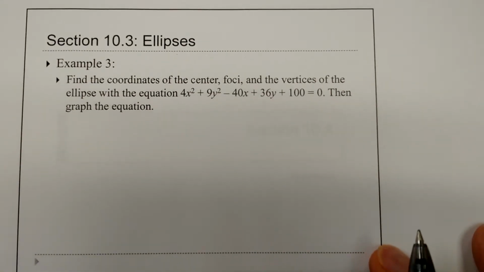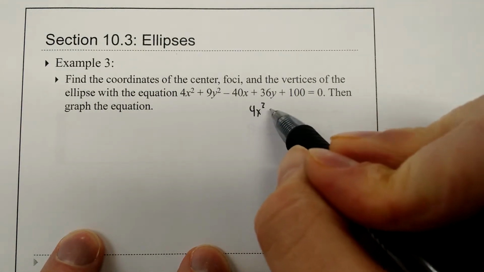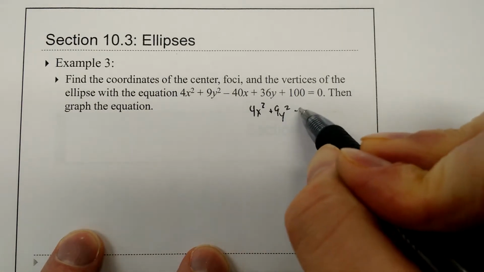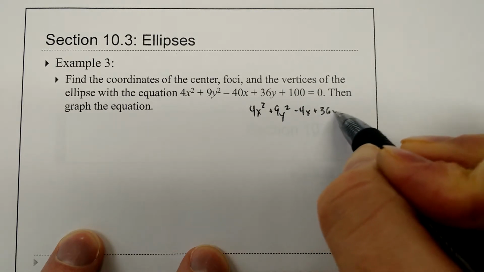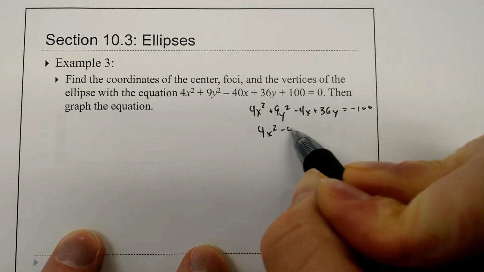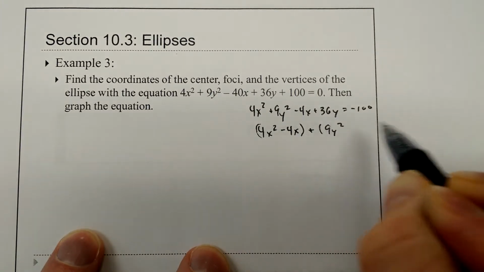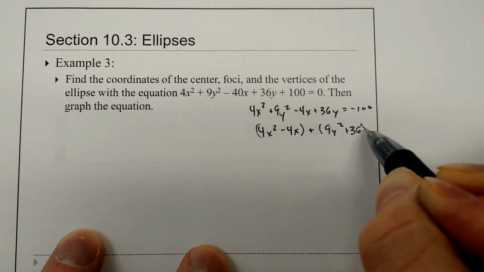Alright, so example 3 involves completing the square. The first step is the constant term, the number, needs to move to the right. Then you group your x's and y's. This is a little bit different. You group first before you do any division because we're not actually going to divide.